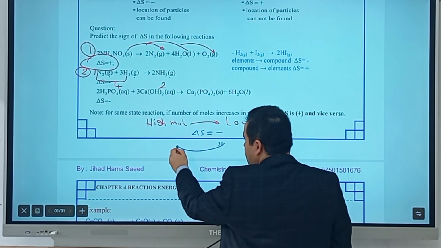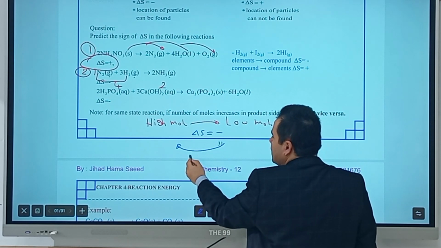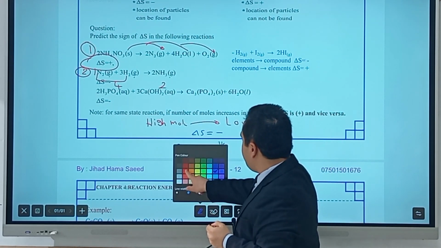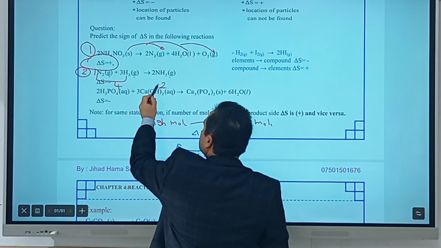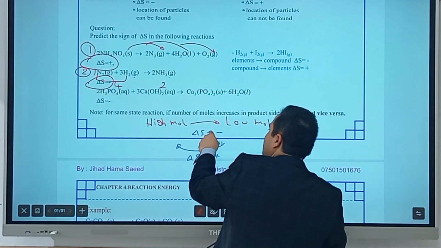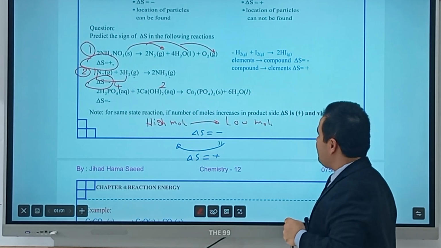But if it's the reverse process, from a low mole to a high mole, it results in a positive entropy. So in the above case, the 4 goes to 2. High goes to low, so it has a negative sign of entropy.